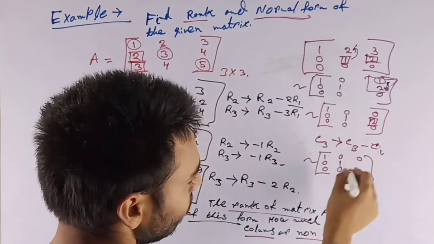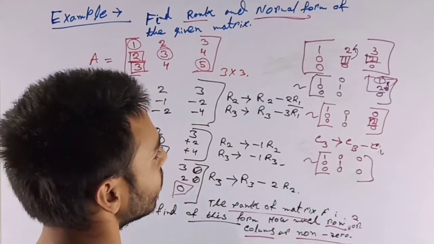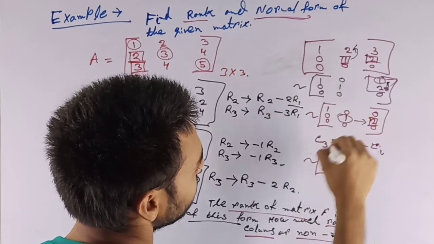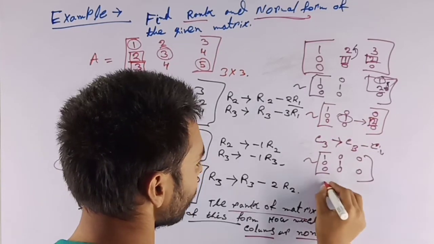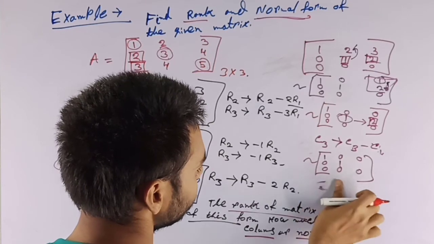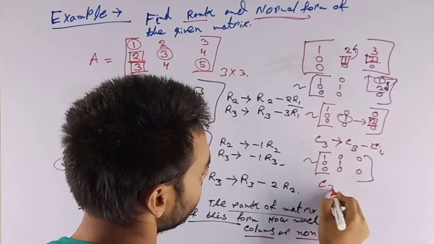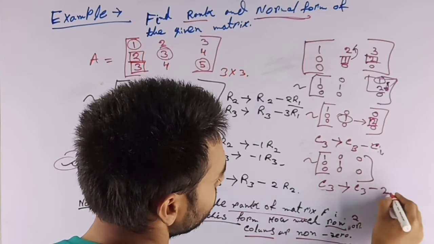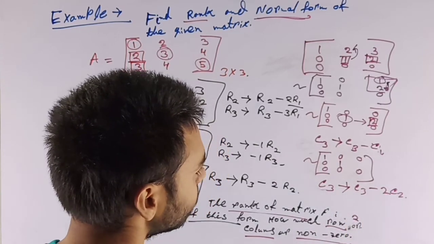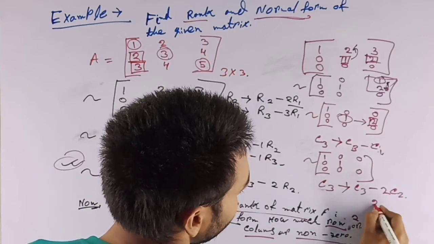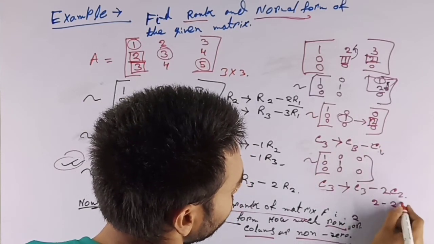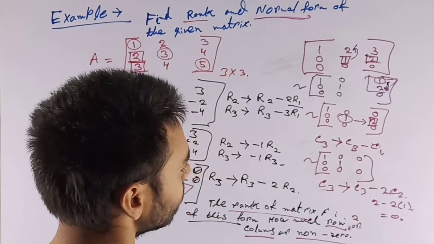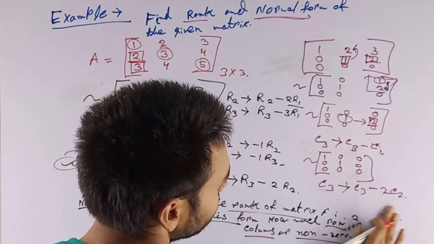That is, 1 0 0, 0 1 0, first 0 and last 0, and the middle term is 1. Again the column operation: C3 is interchanging by C3 minus 2 times C2. That is, 2 minus 2 times 1 equals 0. So I write down the 0 form.